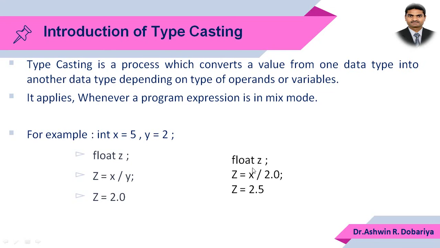It's a type conversion. Now 5.0 and 2.0 are both float, so it will generate a float answer. So automatic type conversion is done by the compiler, but here it is not required because x is also an integer, y is also an integer, so there is no automatic type conversion in these expressions. But here it will do the type promotion.